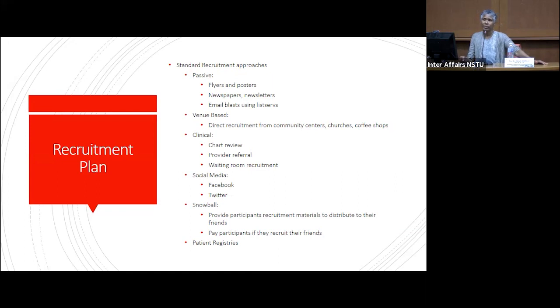And then patient registries. Patient registries are when you work with a clinical population and to each of your patients that come through your clinical practice setting, you say, I conduct a lot of research related to diabetes management. You're a patient with diabetes. How do you feel about signing up for a registry to receive information about future studies related to diabetes?